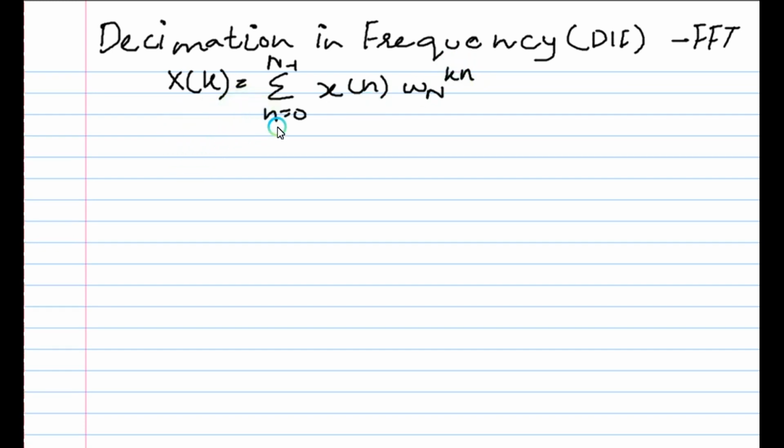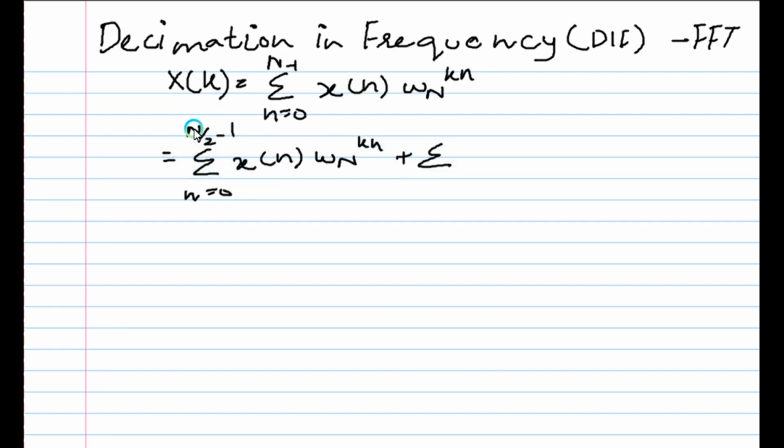So what I want to do now is break this summation into two equal parts. I can rewrite this summation as summation n running from 0 to N by 2 minus 1 of x of n W_N^{nk} plus summation.